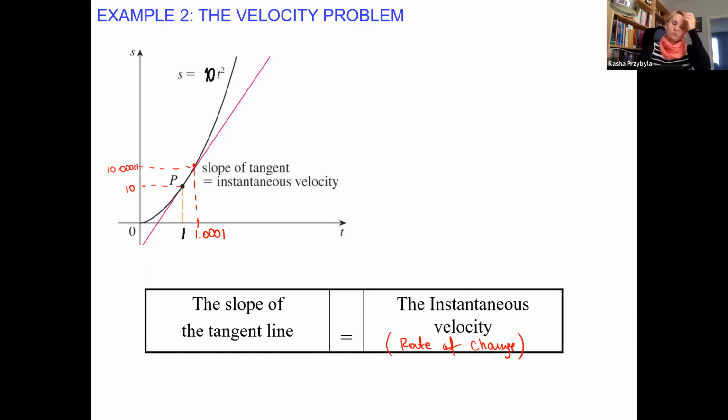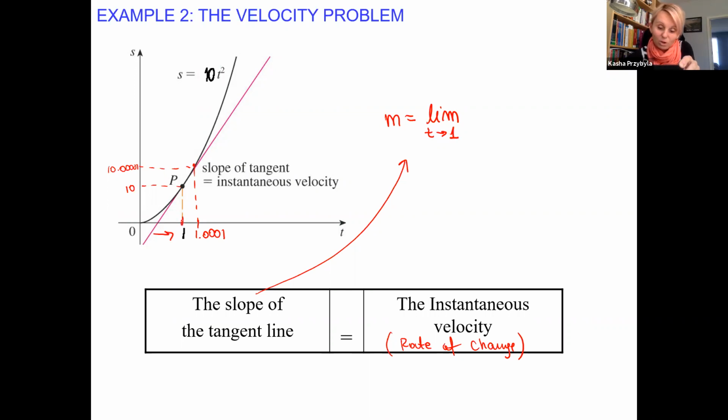Okay, and we will not do this calculation. I can write that to find the slope of the tangent, it will be a limiting position, okay, and the time must approach 1.